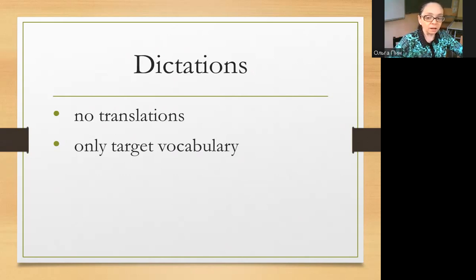If you have a list of topical vocabulary, say character adjectives or weather vocabulary or clothing vocabulary or whatever, then this is what you make them learn and organize a dictation.